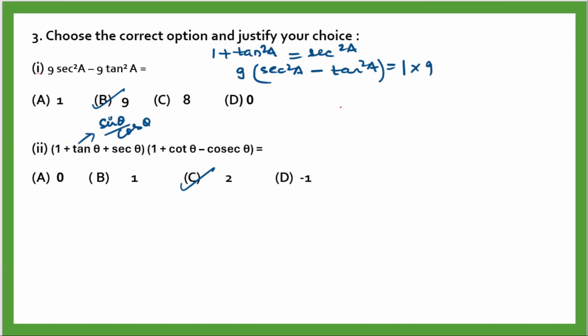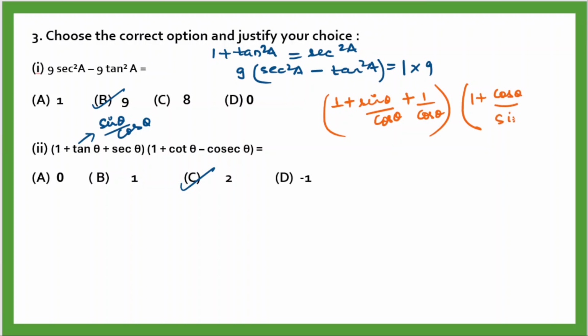You can write 1 plus, what is your tan theta? It is sin theta divided by cos theta, plus you can write sec theta as 1 divided by cos theta. Okay. In the second bracket you can write 1 plus cot theta as cos theta divided by sin theta, minus 1 divided by sin theta.